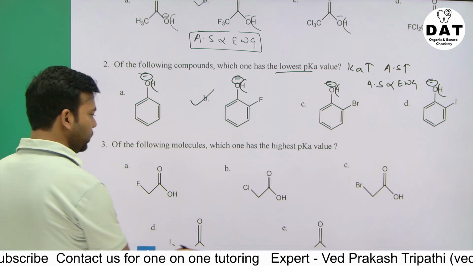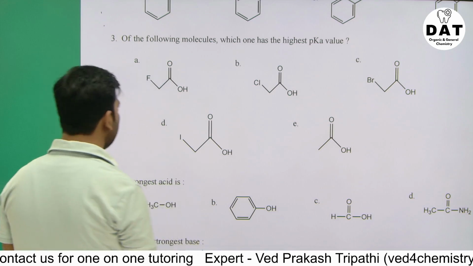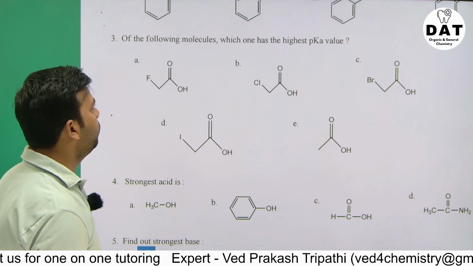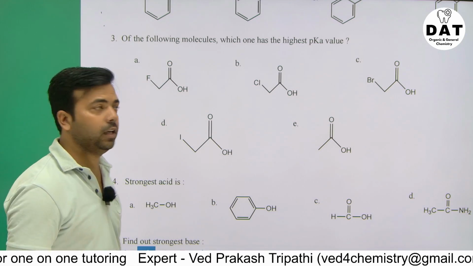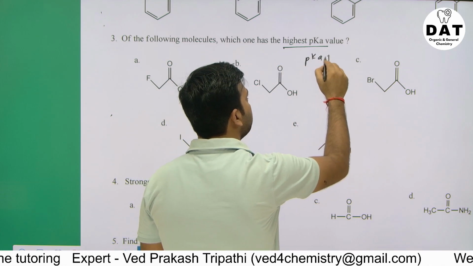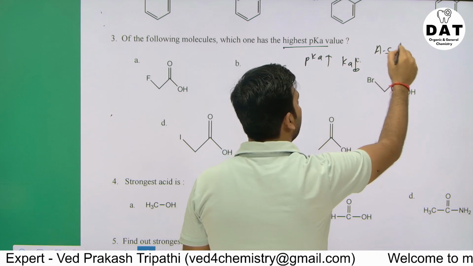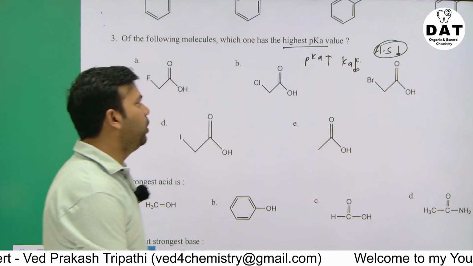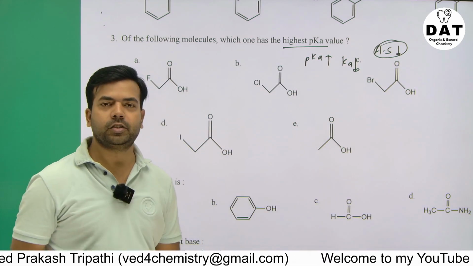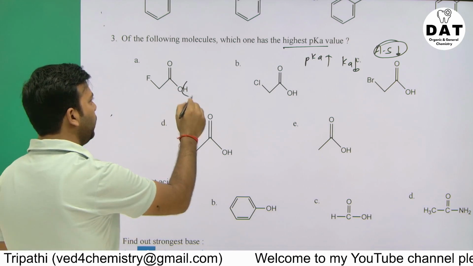Now the third question is talking about which of the following molecules has the highest pKa. Highest pKa means Ka should be low. Ka low means acidic strength should be low, and low acidic strength is caused by a donating group. So first of all we have to eliminate the H plus.